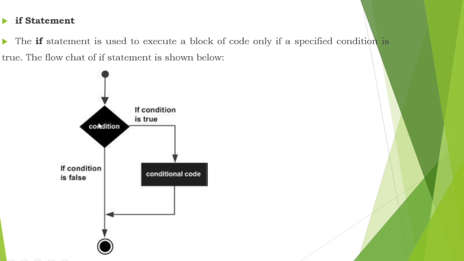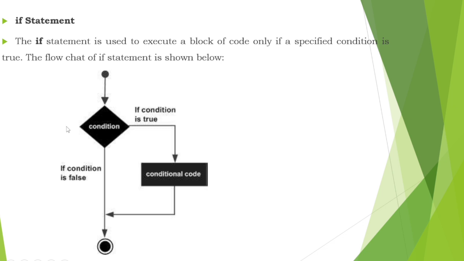If the condition is true, it will come and execute what we call the condition code. After executing the condition code, it continues the code execution. But if the condition is false, it skips the condition code and continues the code execution. This is just the simplest way the if statement works.